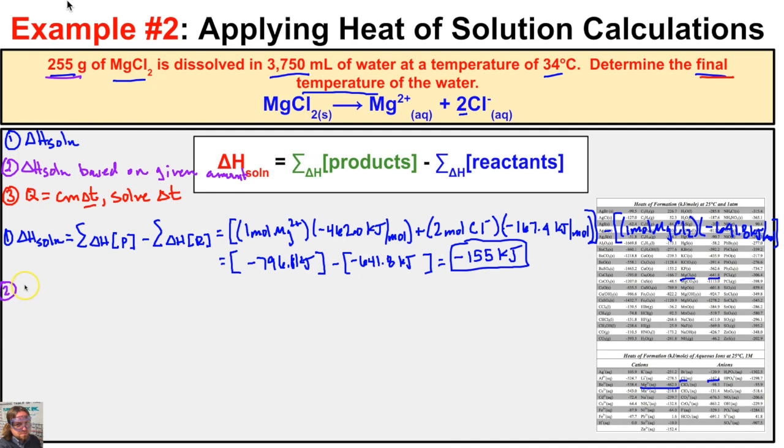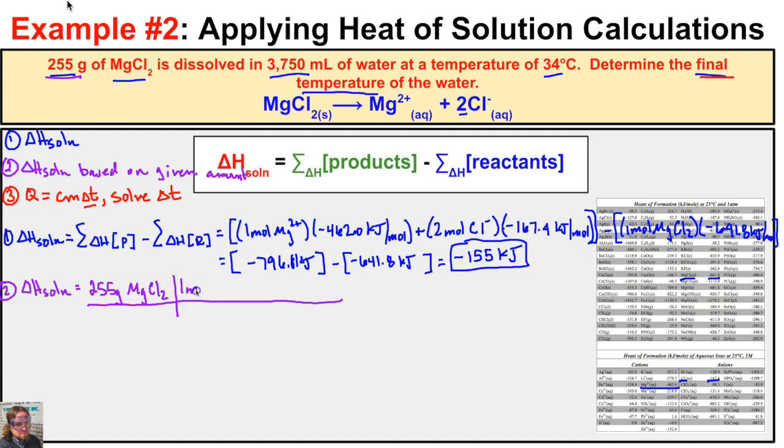Okay, so let's go ahead and do that to get our heat of solution here. We are starting off with 255 grams of MgCl2. And what we need to do here is convert this to moles of MgCl2.